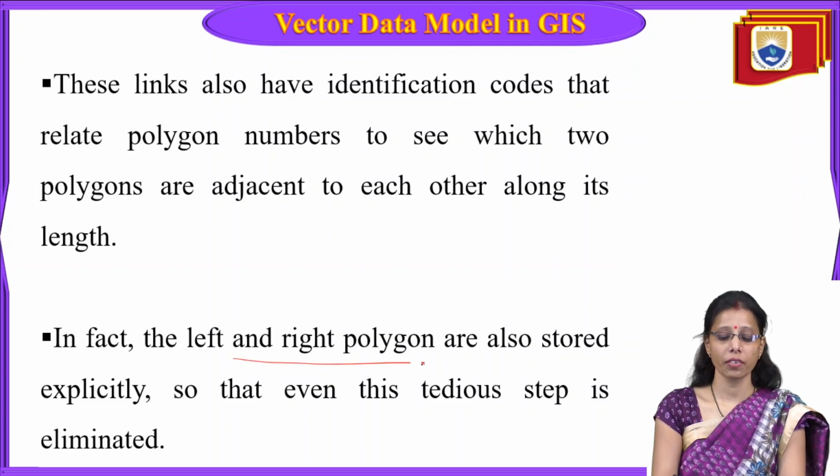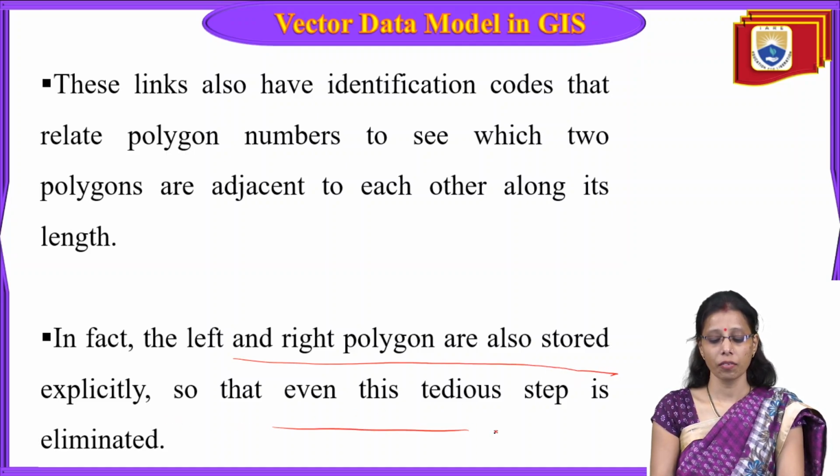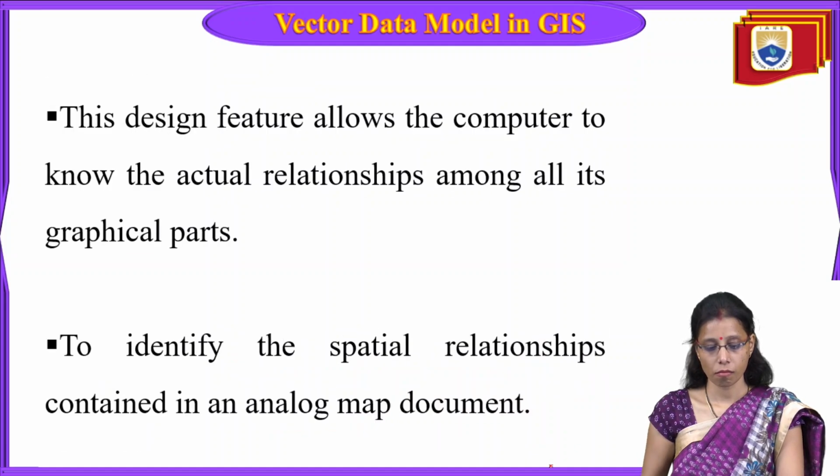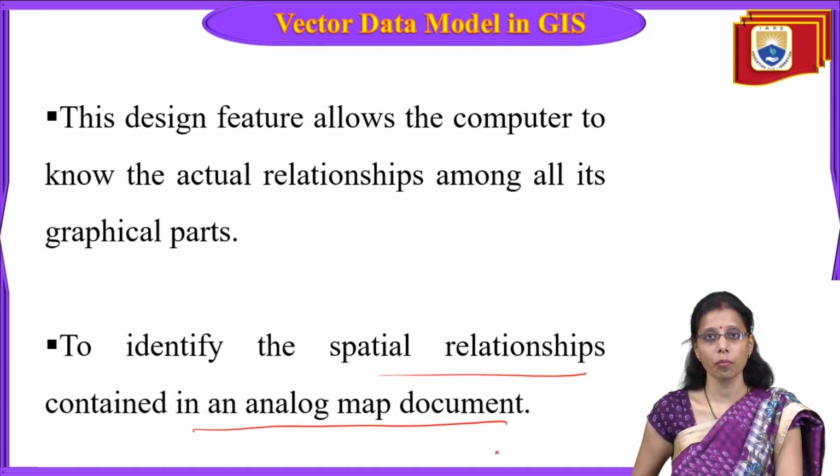In fact, the left and right polygon are also stored explicitly so that even this tedious step is eliminated. This design feature allows the computer to know the actual relationships among all its graphical paths, to identify the spatial relationship contained in an analog map document.